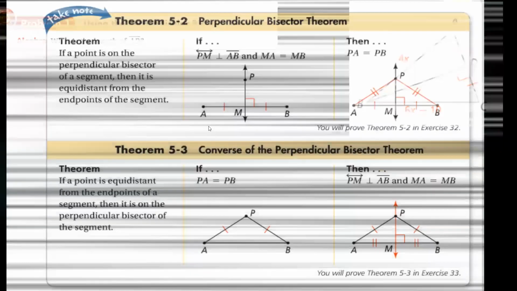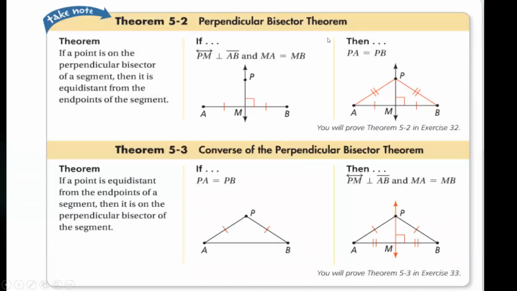Now, let's go back to the perpendicular bisector. When can I say that this is a perpendicular bisector? In two cases. The first one, if it is perpendicular on the line and cuts it into two equal halves. Or if there's a point that has an equal distance from the endpoints of the line, then it is a perpendicular bisector.